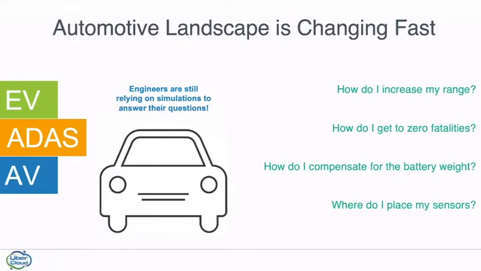So in fact, with these new focus areas in automotive development and the ambitious goals, simulation workloads are increasing fast. And what we often hear from the industry is that in-house clusters and workstations are starting to fall short to keep up with the increasing number of simulations.